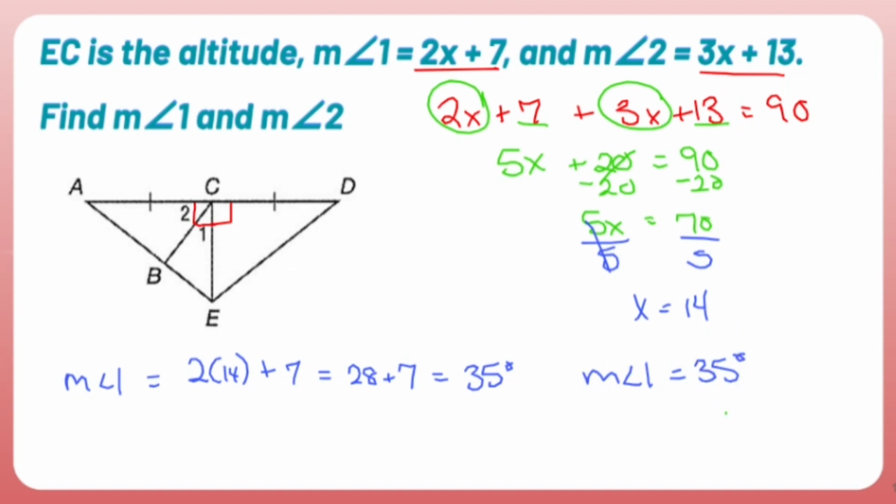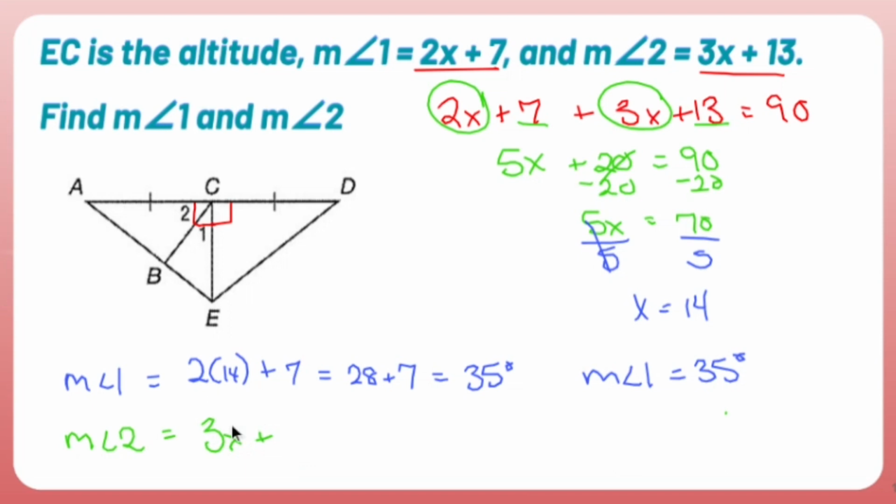Now the measure of angle 2 is done very similarly. The measure of angle 2, according to the top up here, is 3x plus 13.